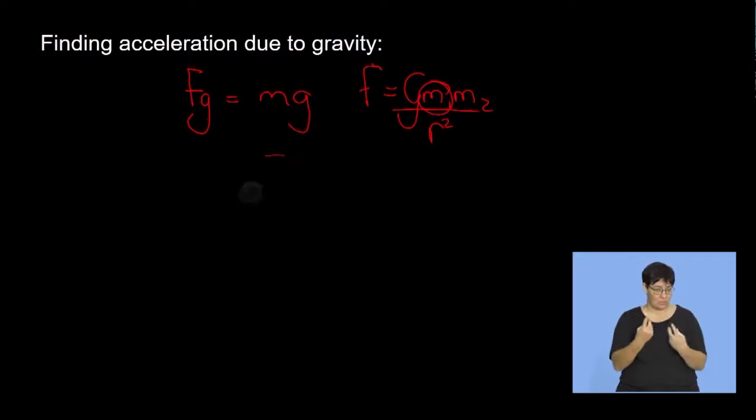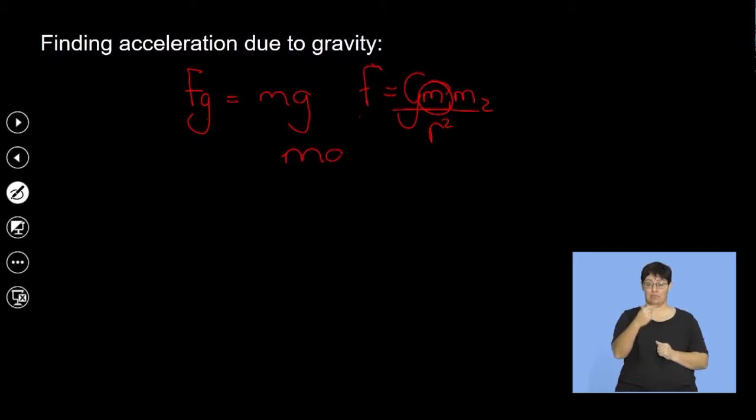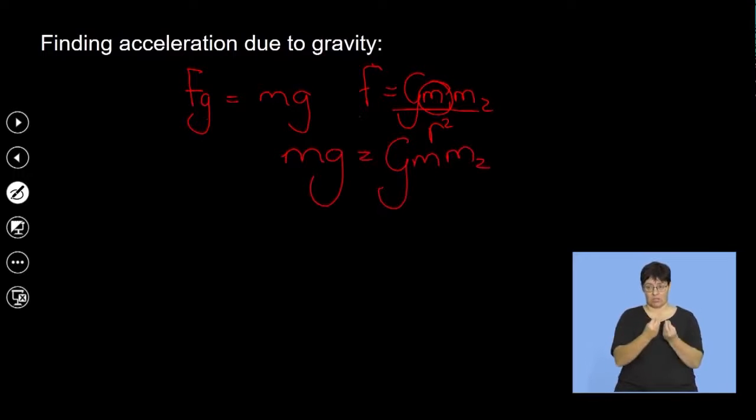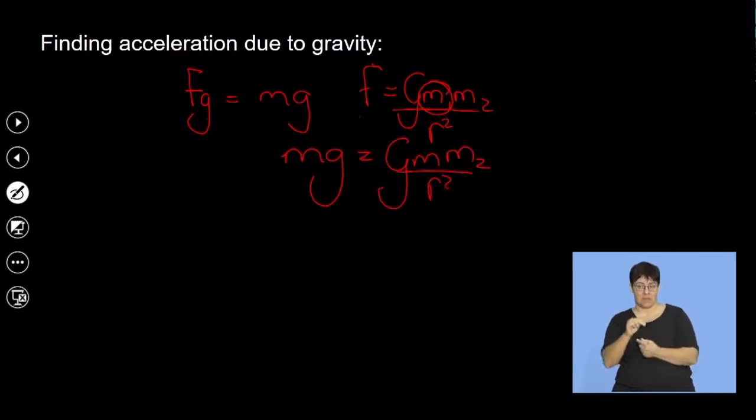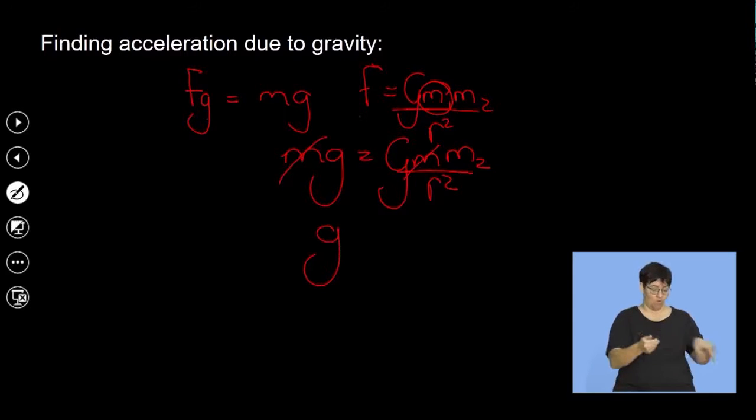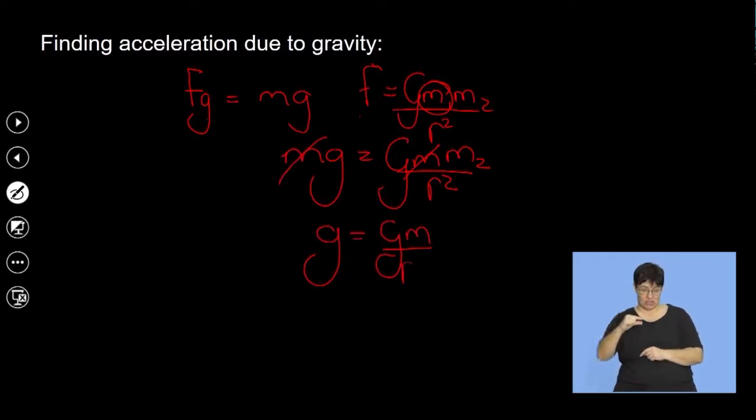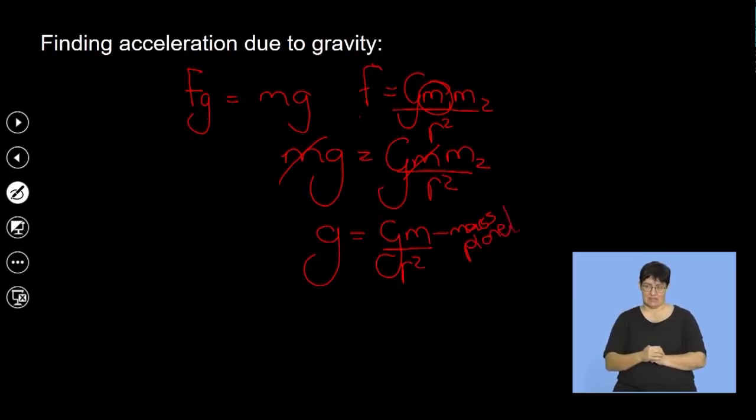So, mg is g, mass of my object, m2 is the mass of my planet, divided by the radius of the planet. m disappears, so g is GM over R squared, where M is the mass of the planet. Mass of the object is irrelevant.